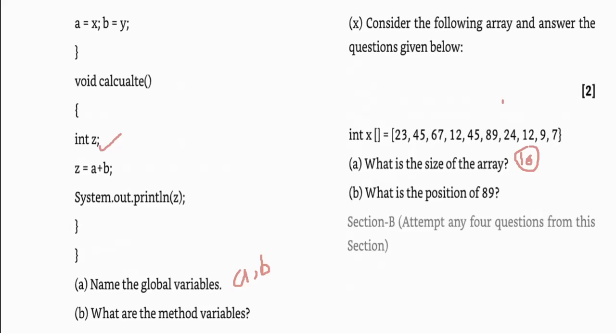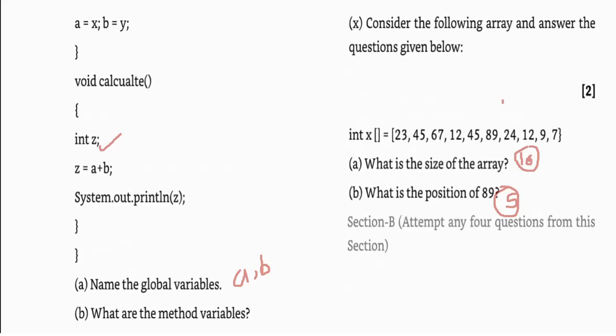Position is 6 actually, but index value is 5. So if you are confused whether they are asking position or index value, you write both things. You write index value is 5, position is 6. That way you can write.